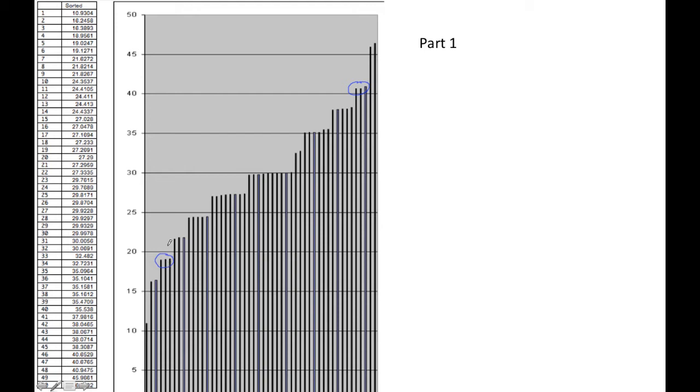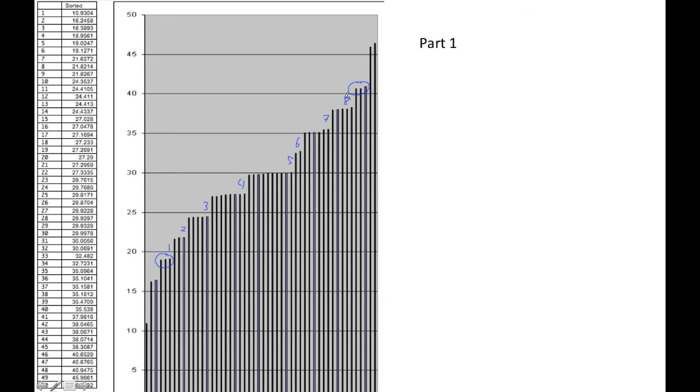Okay, so the upward transitions are 1, 2. We're talking about the fronts of steps. 3, 4, 5, 6, 7, and 8.